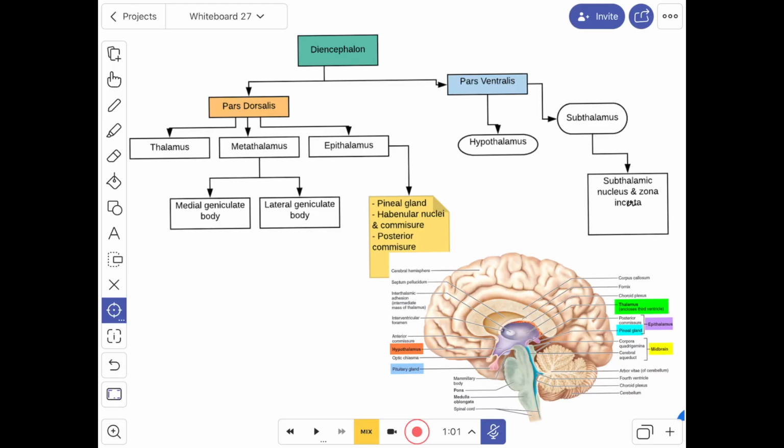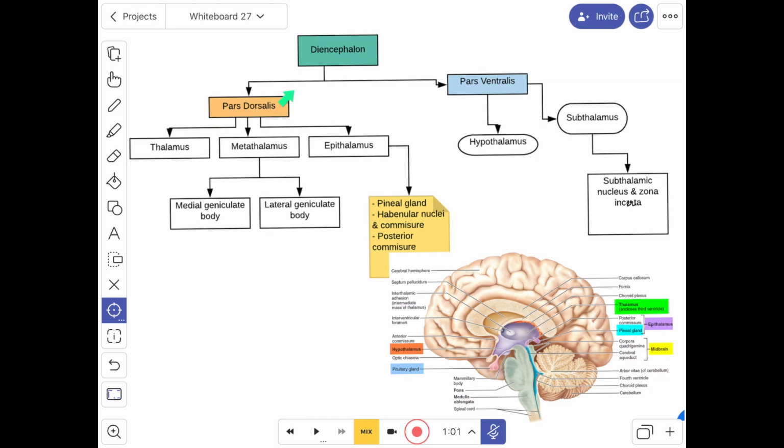Next we'll see the divisions and subdivisions of the diencephalon. As you know, the diencephalon is divided into pars dorsalis and pars ventralis by the hypothalamic sulcus. The pars dorsalis lies above and dorsal to the hypothalamic sulcus and the pars ventralis lies below and ventral to it.